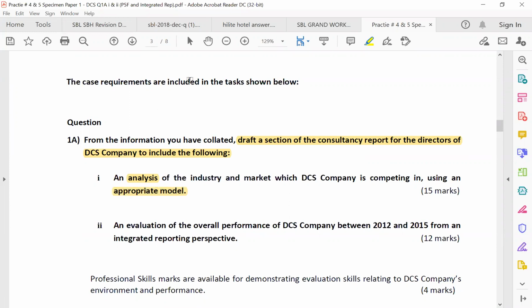You are just required to analyze the industry and the market of DCS company using an appropriate model, nothing more, nothing less. And an evaluation of the overall performance of the DCS company between 2012 and 2015 from an integrated reporting aspect. Professional skill marks are available for demonstrating evaluation skills relating to DCS company's environment and performance.